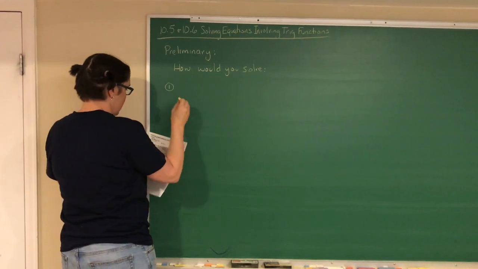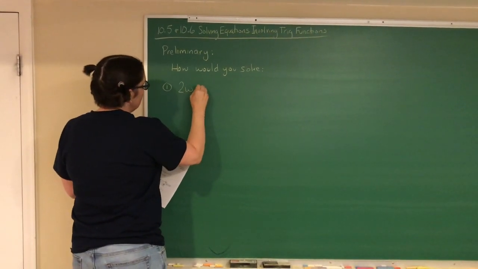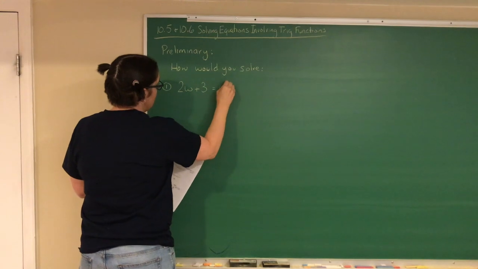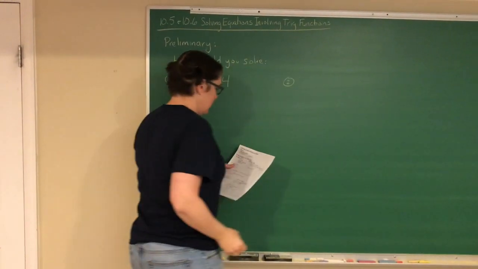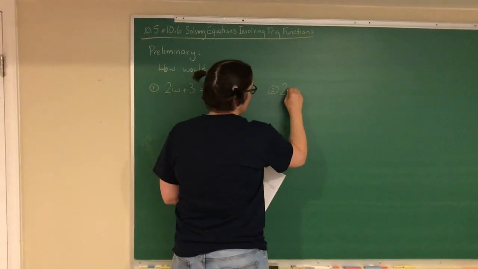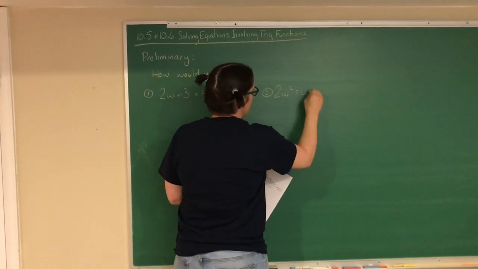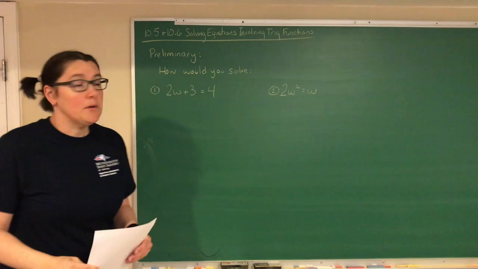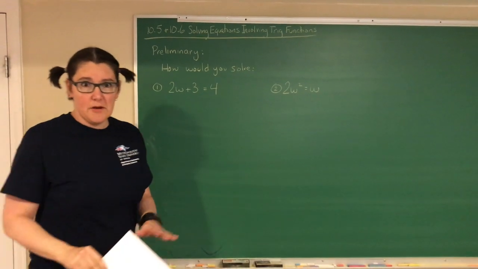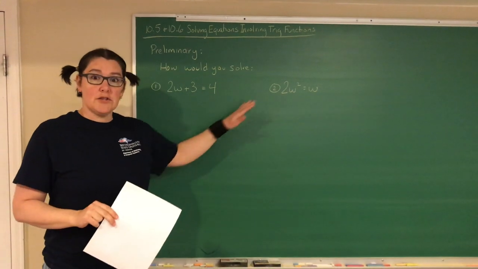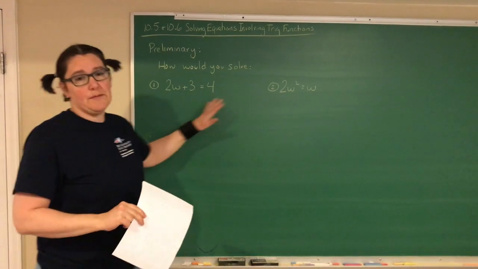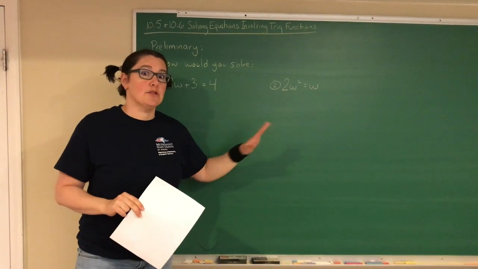The first one is 2w plus 3 equals 4. And the second equation is 2w squared equals w. I'd like for you to pause the video for a minute and think about how you would solve each of these two equations. Now, there's no trig functions involved here. This is strictly an algebra question.